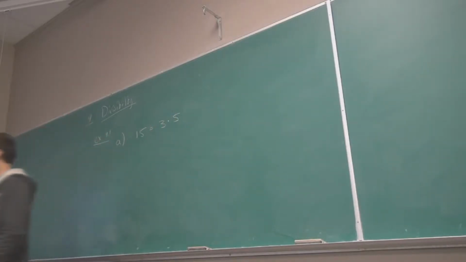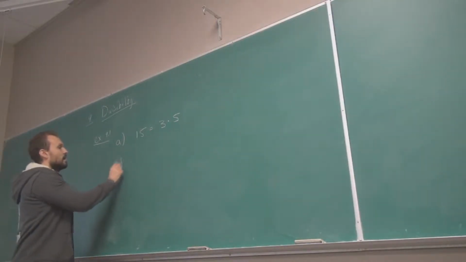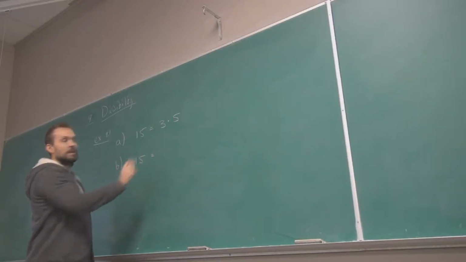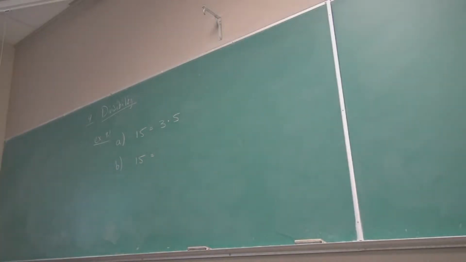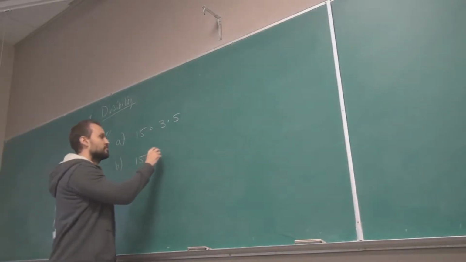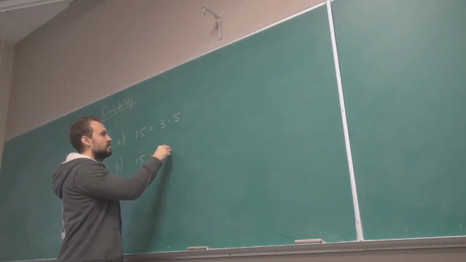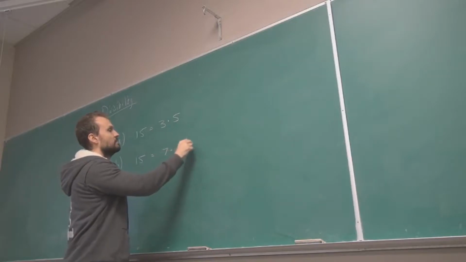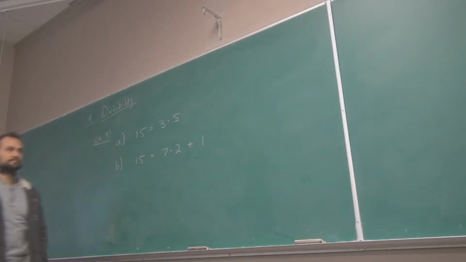So I can get 15 by taking 3 5s. I can use another number like 2 and say, how many 2s can go into 15? 7 2s. And then I'm going to have a little bit left over.